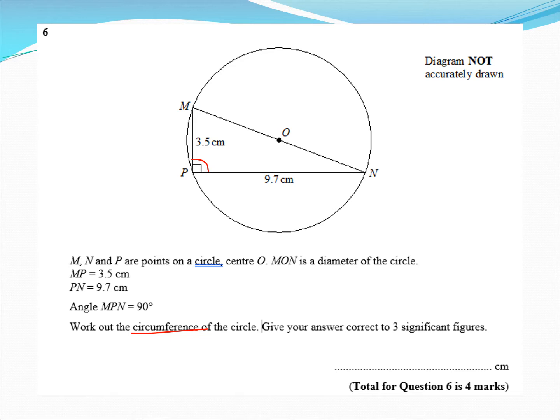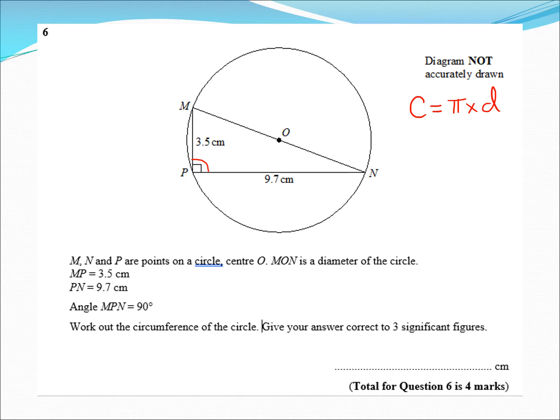Okay, so what I'm going to do first is find out the diameter of the circle, because you need to know the diameter in order to find out the circumference. Our formula for circumference is C equals pi times D. Now, you want to find out the diameter.